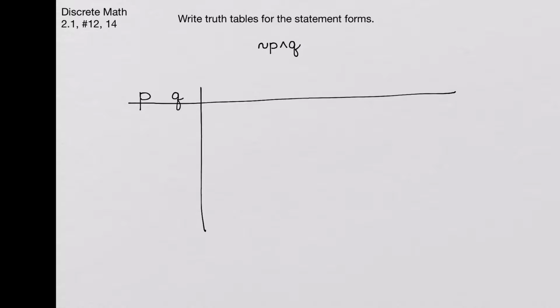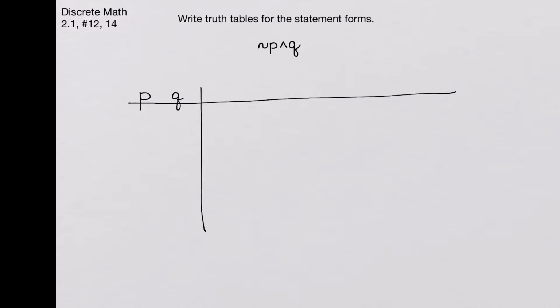All right, so we have P and Q. I like to just separate them from the rest of the expressions with a vertical line, and that's really just my own personal preference. You can put a vertical line in between every expression or not at all. So it's really a personal choice thing here. Let me go ahead and start filling this in. Okay, so we have our two variables P and Q.